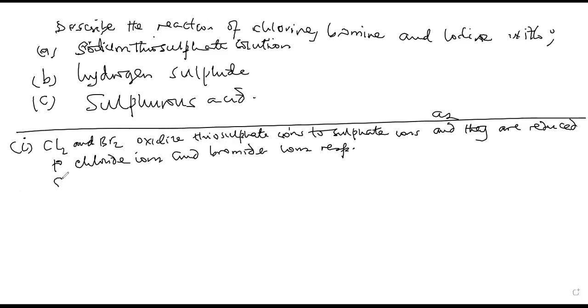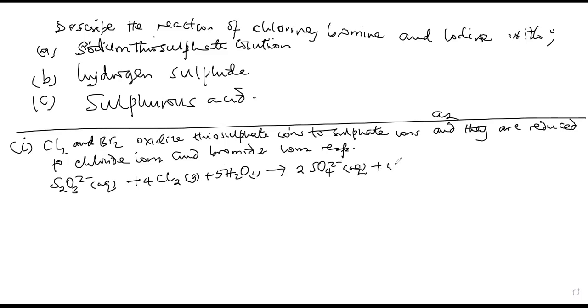So we have the equation: thiosulfate ions being oxidized by chlorine in the presence of water to form sulfate ions, hydrogen ions, and chloride ions. The same applies to bromine.